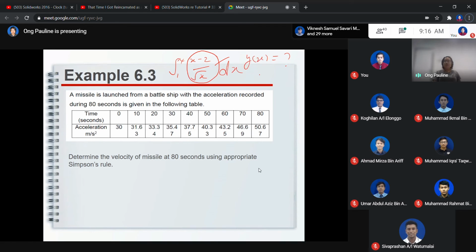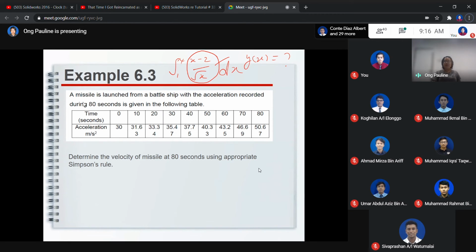Okay, so therefore yang di sini, walaupun kita hanya ada discrete data, so kita boleh selesaikan dia dengan menggunakan numerical integration here. Okay, so let us look at this table. So this is the information of the acceleration for the missile, okay, which is launched from a battleship.